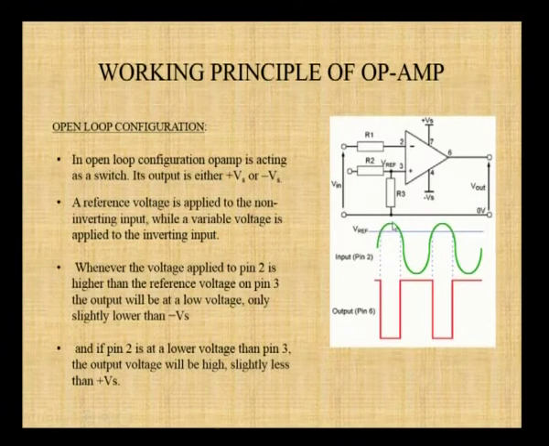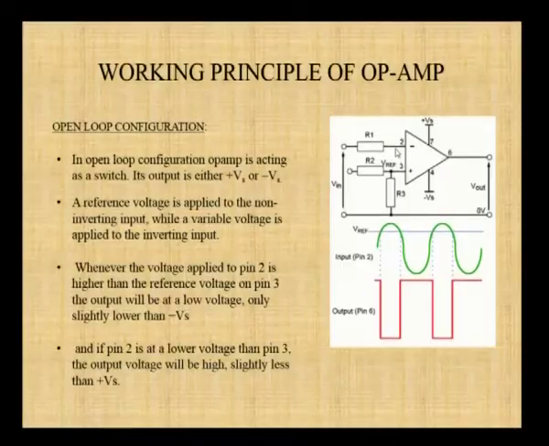After that, the signal voltage is much higher than the reference voltage, and since the signal is given to the negative terminal, the output is negative V saturation until the signal voltage is lesser than the reference voltage. When the reference voltage is higher again, since it is given to the positive terminal, the output is positive V saturation. This repeats for every intersection of the input signal with the reference signal.